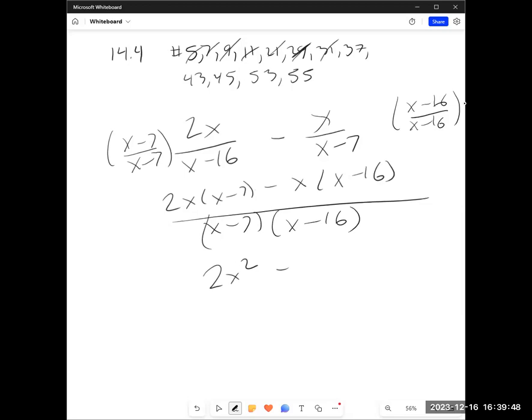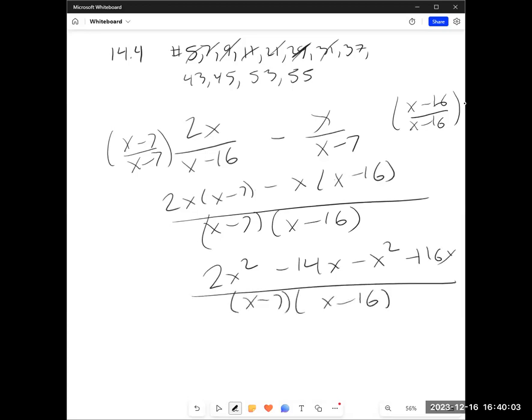Negative 7 times 2x is negative 14x. Negative x times x is negative x squared. Negative x times negative 16 is a positive 16x. 2x squared minus x squared is x squared, minus 14x, negative 14x plus 16x is a positive 2x.